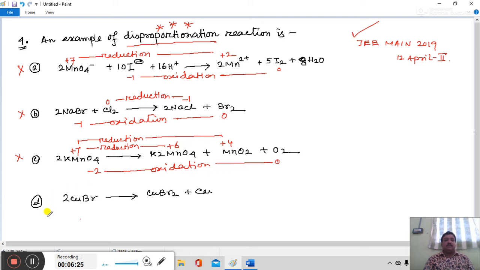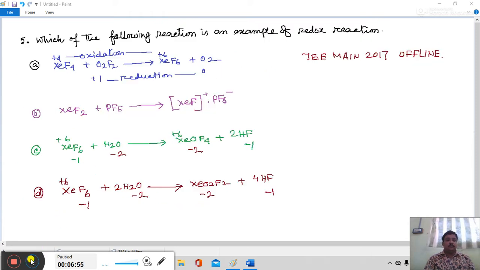Now the last one, equation D, where the copper atom undergoes oxidation from +1 to +2 state, and that copper atom undergoes reduction from +1 to 0 state. So the copper atom undergoes both oxidation and reduction. So equation D is an example of a disproportionation reaction.